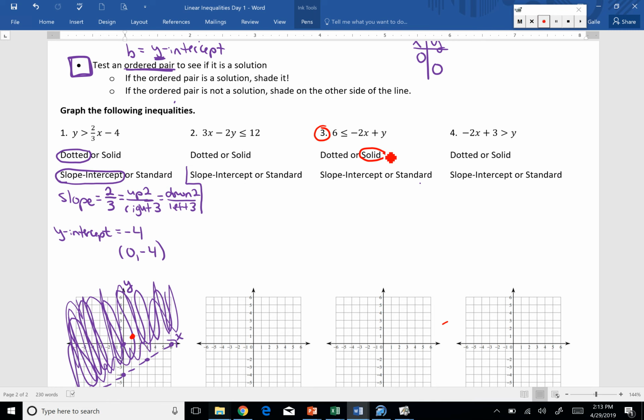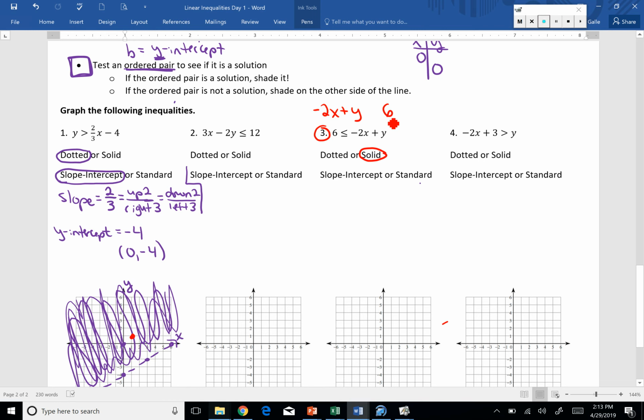Now, I know number 3 looks a little bit different. I know for most of you, like Miss Golly, I like my variables to be over on the left. When I learned to graph or anything else, I always had the variables on the left. Now this year you're mixing them up on me. I don't like it. You can put your variables over on the left if you need to. So if you want the negative 2x plus y over on the left and the 6 over on the right, that's okay.